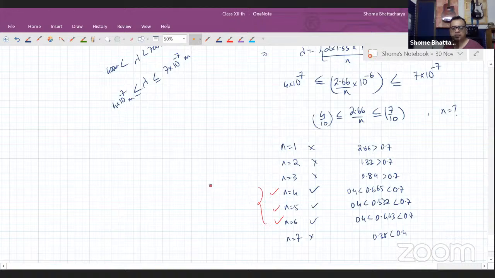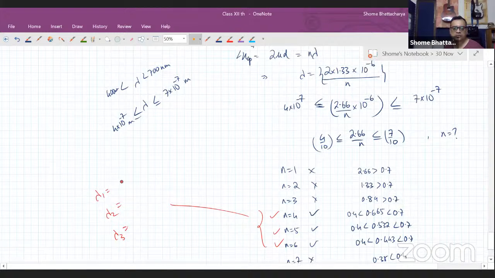So corresponding to three values of n, we will get one wavelength, the second wavelength, and the third wavelength, and those wavelengths will be given by this formula above. Okay. 2.66 upon 4 into 10 raised to power minus 6. So that will give us 665 nanometers. Nearly 666.